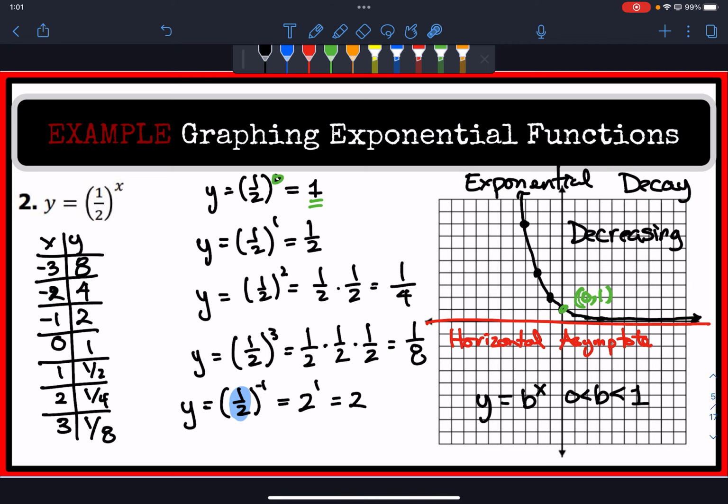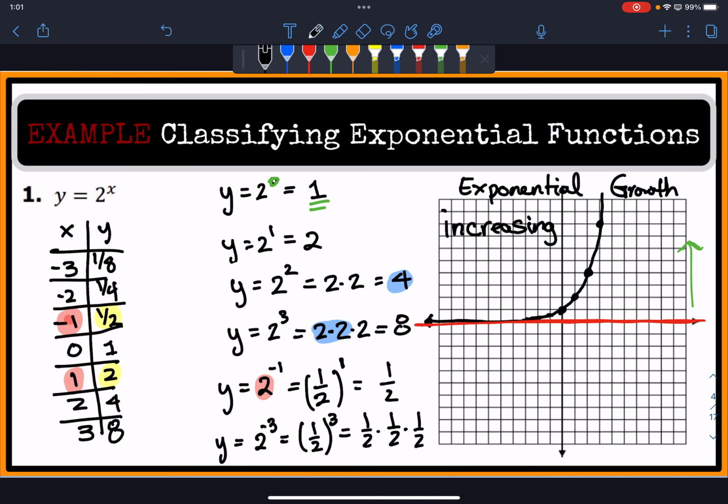But if y is equal to a base to the power of x and that base is greater than 1, then we're going to end up with an exponential growth function. So it's all depending on what this base is.